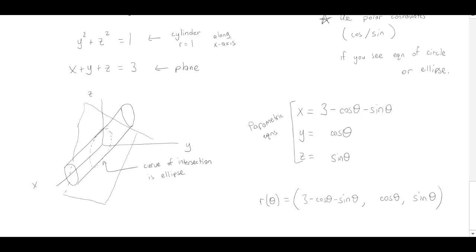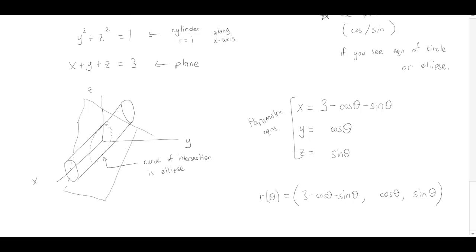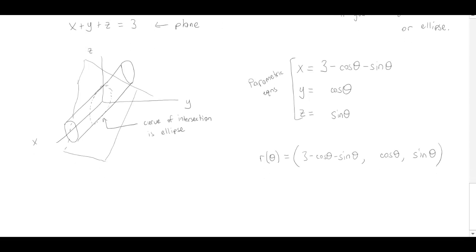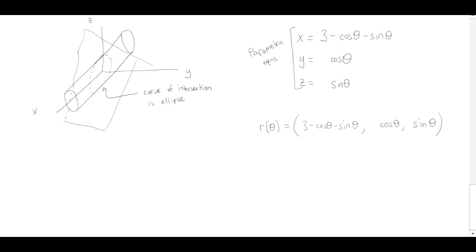Okay. So there's more than one right answer to these problems. This is just one answer to this example, okay? I'm going to very quickly do one more example. Same thing, curve of intersection.